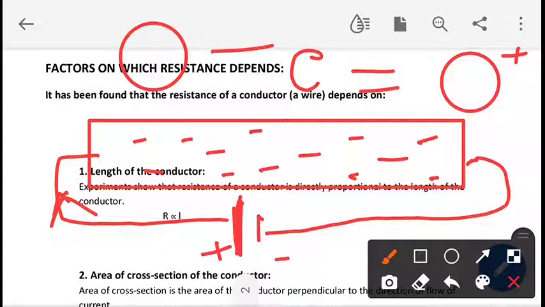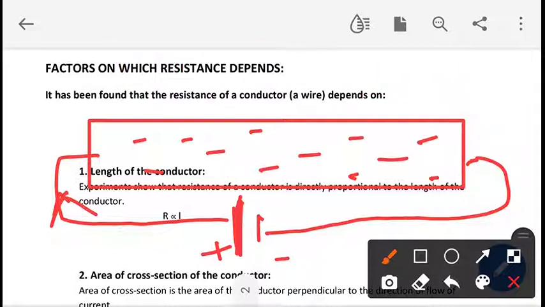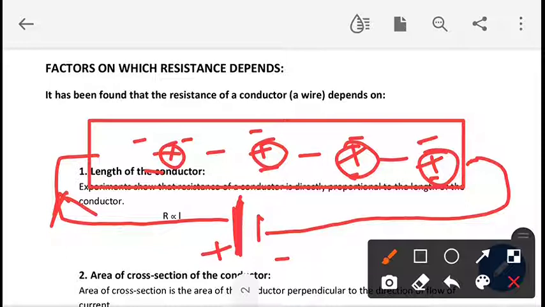It means inside the conductor positive charges are also available here, here also, and here also.